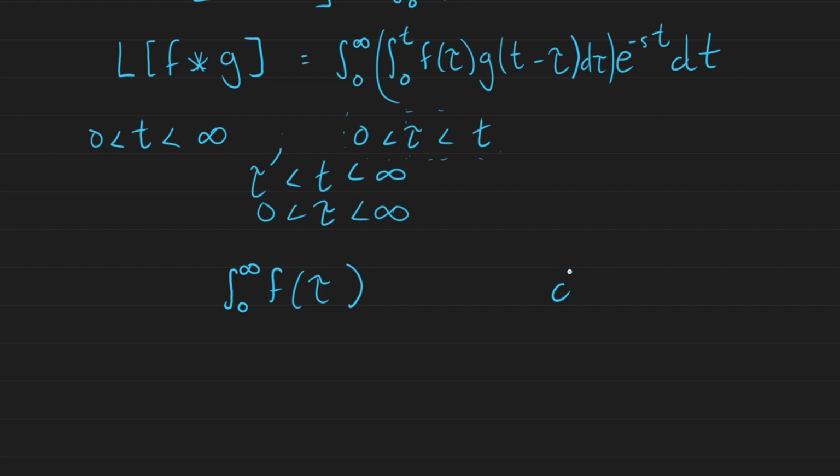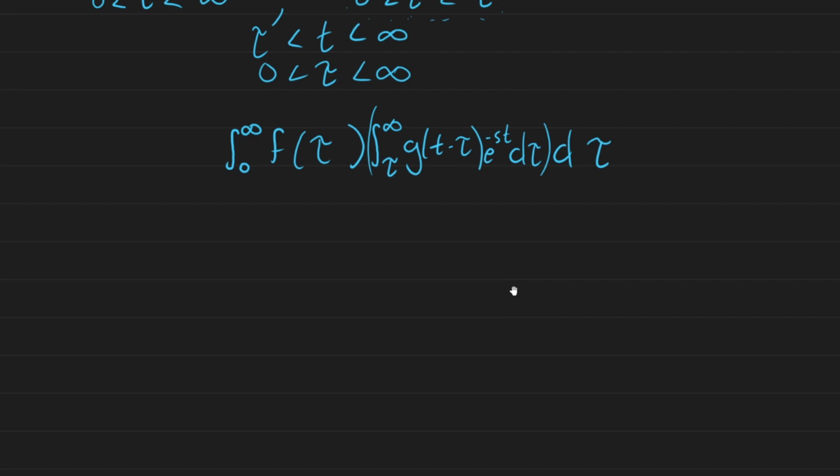So now we have the inner integral, and that is t going from 0 to infinity, but we now show it going from tau to infinity. And what's left is just g of t minus tau times e to the minus st d tau. So we're going to take out this inside integral and evaluate that.